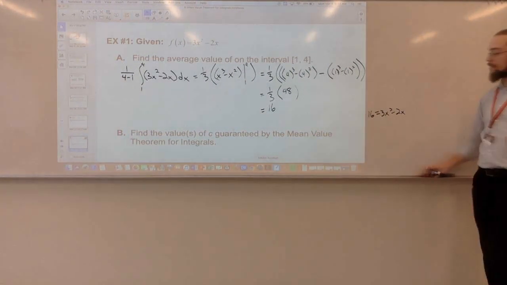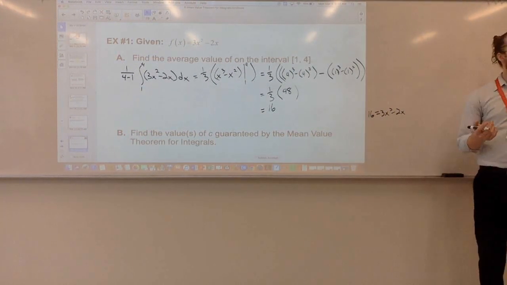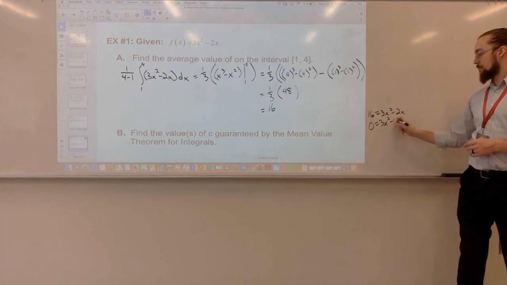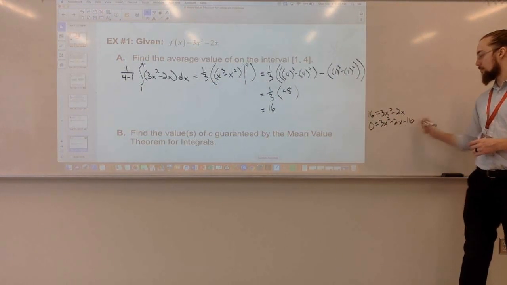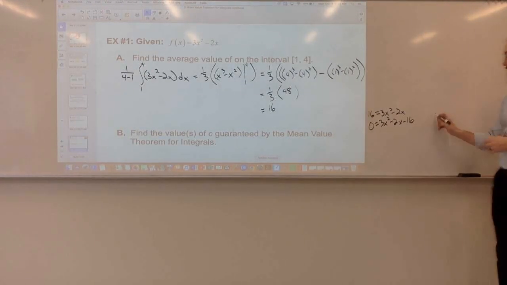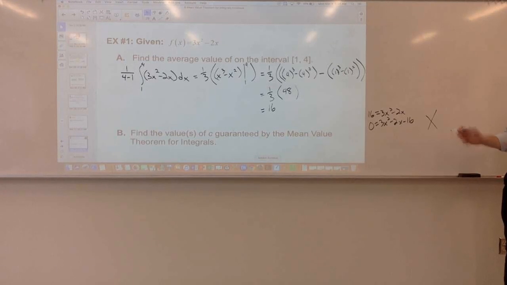Right, it's quadratic, so we want to get everything on one side equal to 0. Now what? See if we can factor it. Factoring doesn't always work, but that's the easiest way, so it's worth it to see if we can factor.